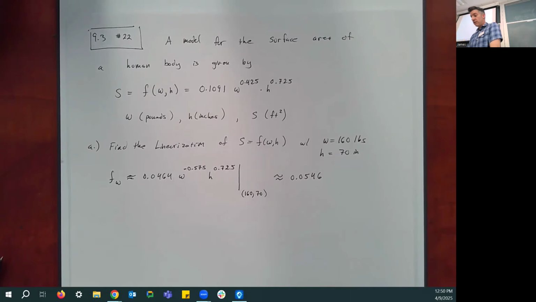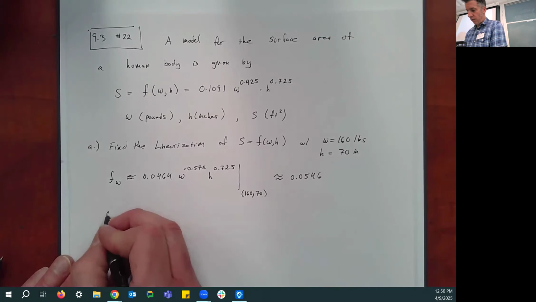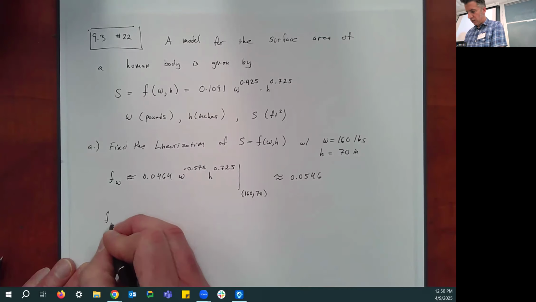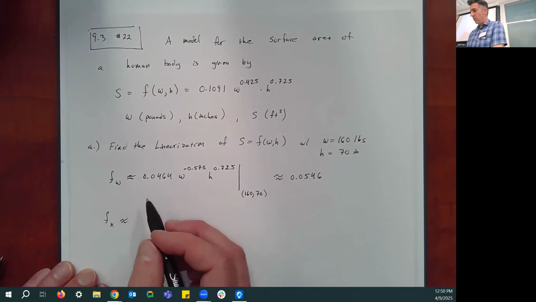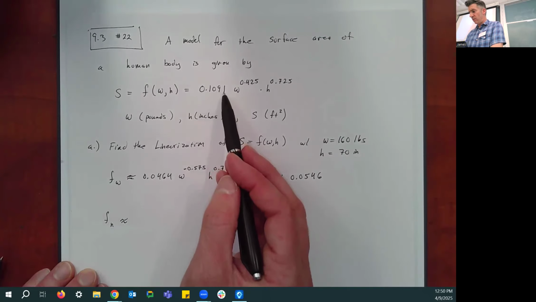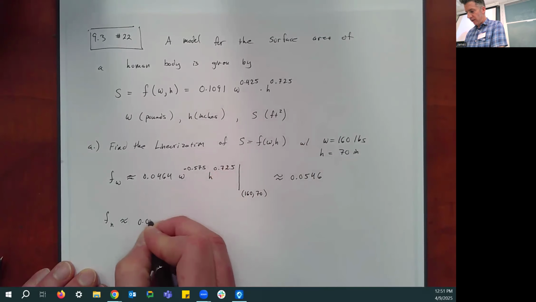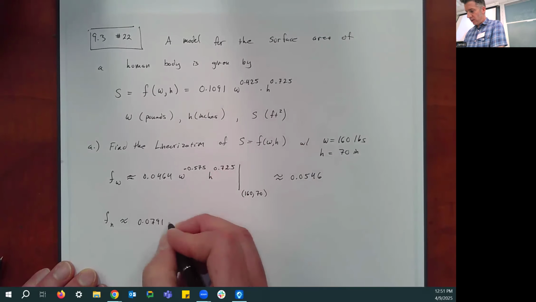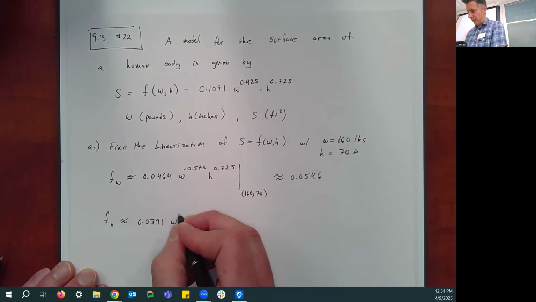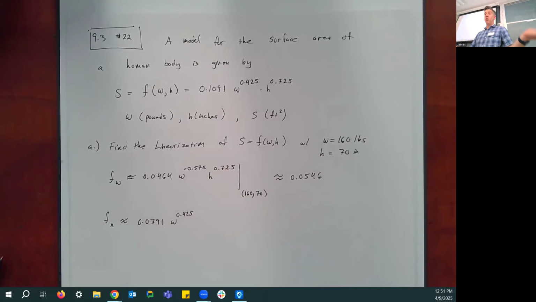Similarly, our partial derivative with respect to H is going to be approximately 0.1091 times 0.725, which is about 0.0791, times W to the 0.425, which is just acting like a constant multiple.